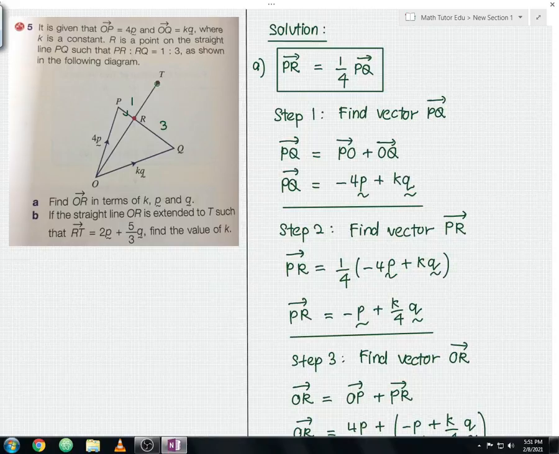Once you get the scalar multiple value, you should do some comparison calculation, and from there you should find the value of k. So this is the overall idea on how we're going to solve question part B. Enough of the discussion, let us continue our working now.